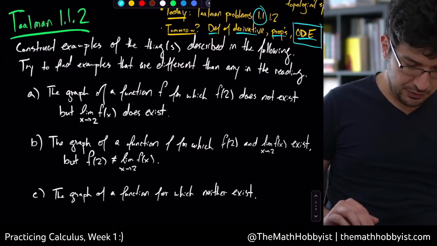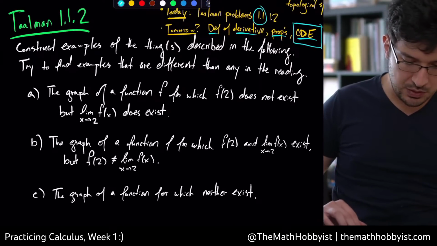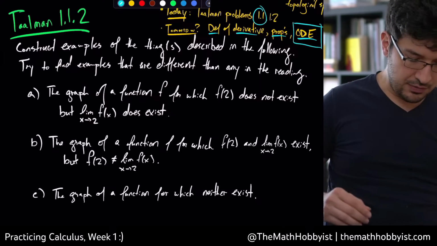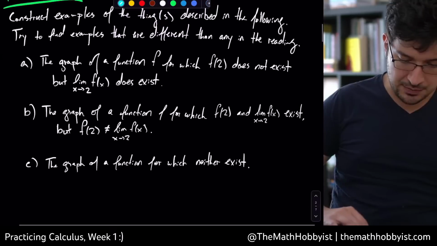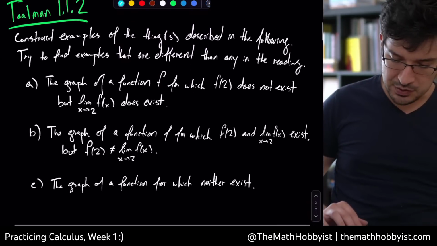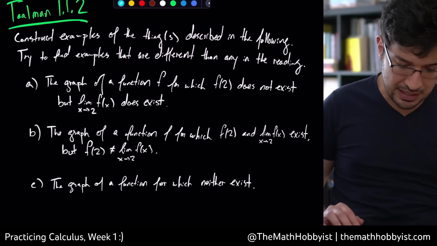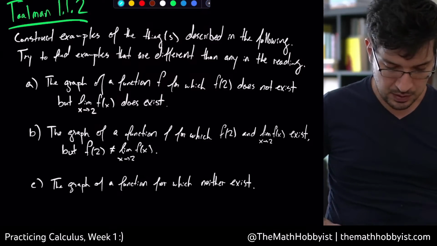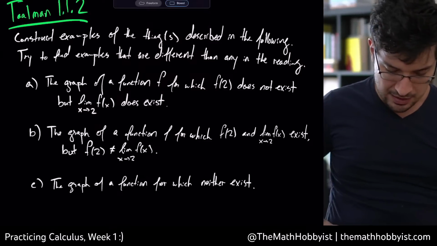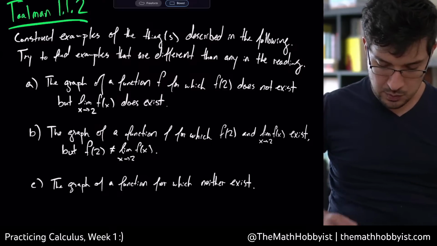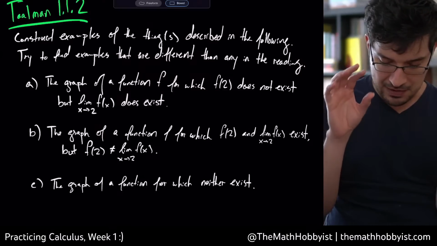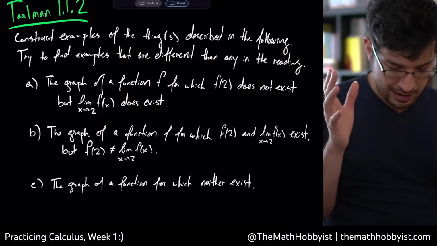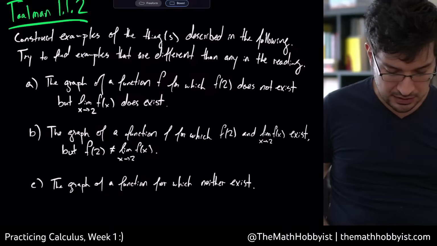So here's the first problem. I have Taalman 1.1.2. Construct examples of the following. First, the graph of a function f for which f of 2 does not exist, but the limit as x approaches 2 does exist. Then the graph of a function where both the limit and the value exist, but they don't equal each other, and then a graph of a function for which neither exist.